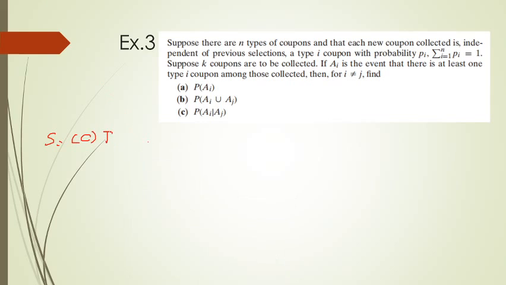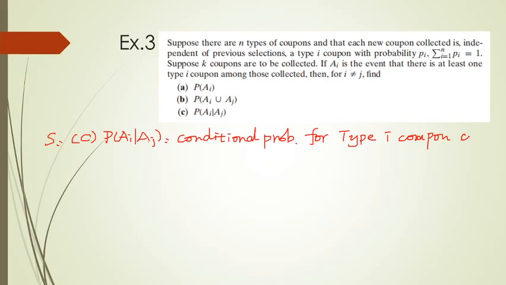So this means the conditional probability for type I coupon collected among those K, right?